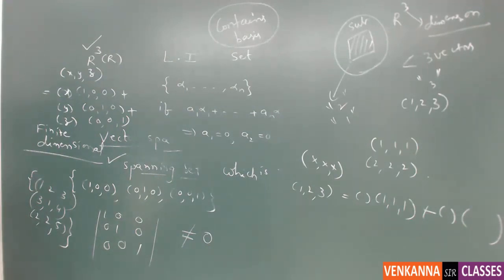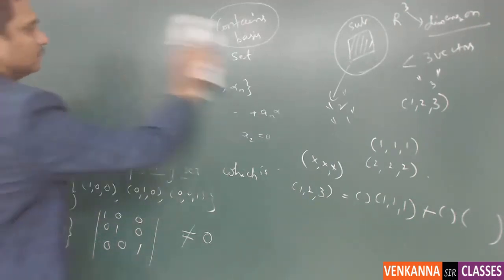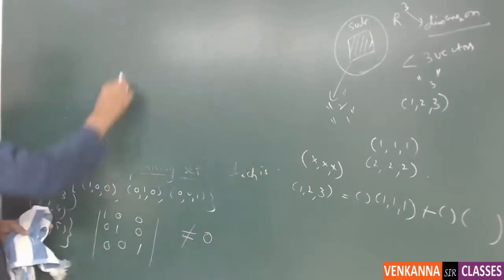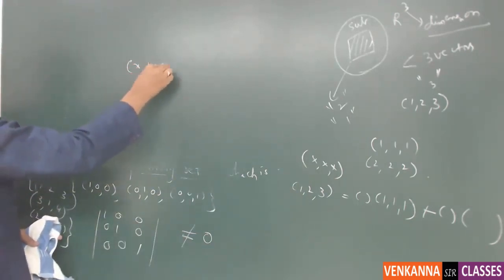Let me take the case of the xy plane. What could be its dimension for the xy plane? Can you say? Is it 1 or 2? Why? Because typically the pattern of the xy plane will be like this.